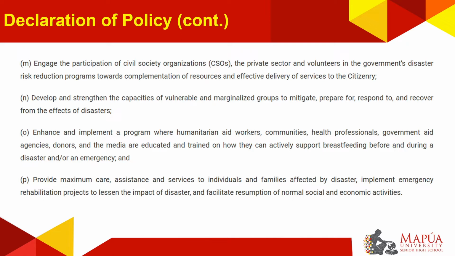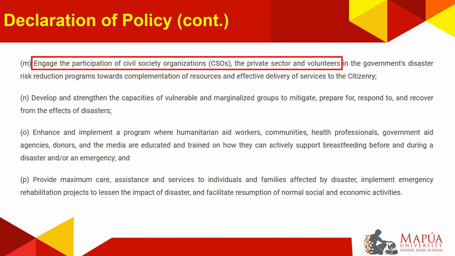Okay, a few more. So bear with me. Letter M states to engage in the participation of civil society organizations or CSOs. These organizations may be private sectors or maybe volunteers, but ultimately we must engage in participation with these organizations in order to complement the resources the government needs in service of the people or the citizenry.